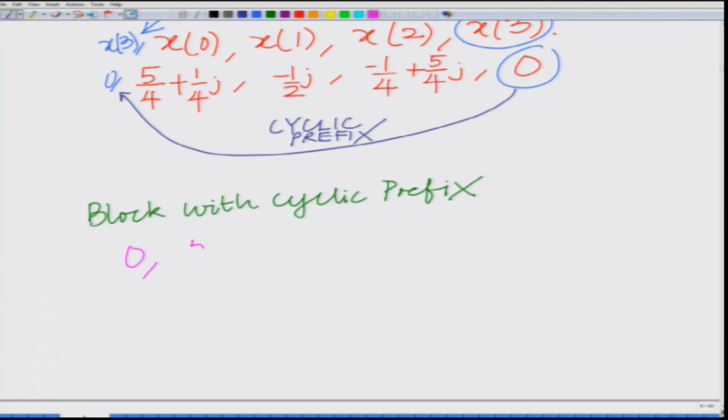This is 0, 5 by 4 plus 1 by 4 j, minus half j, minus 1 by 4 plus 5 by 4 j, 0, this is the block of samples. So, now we have added the cyclic prefix to the time domain samples and transmit them over the channel. And remember, the channel we are considering, from the example we have seen for this illustration of OFDM, is the simple 2-tap channel, with channel taps H0 and H1.